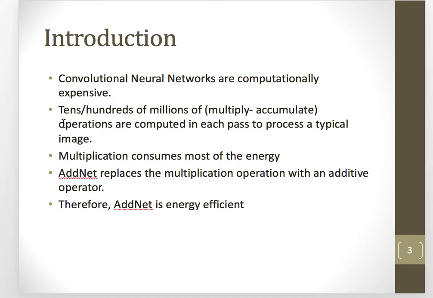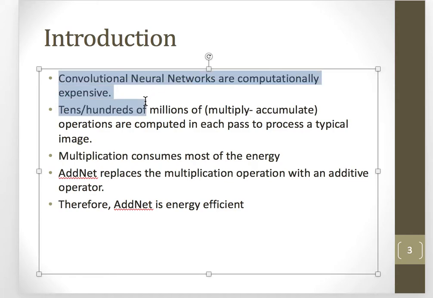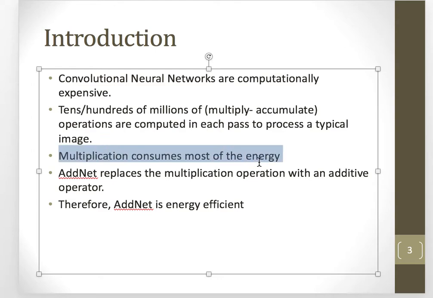So our main motivation at this point is to develop energy efficient networks. As you know, convolutional neural networks are computationally expensive, and you have to perform many multiplications, and multiplications consume energy in a cell phone or in a mobile device.